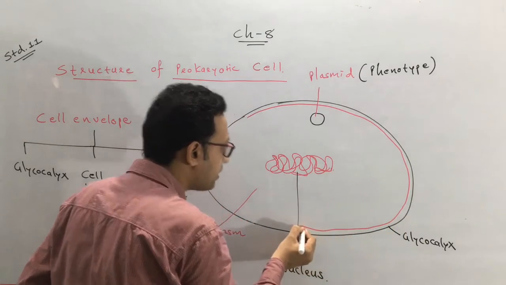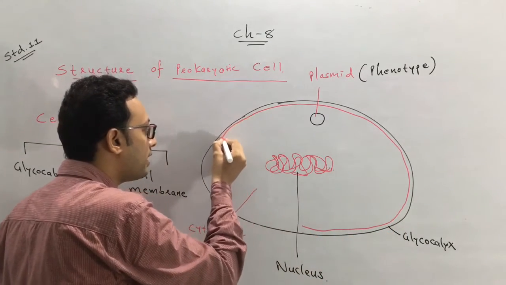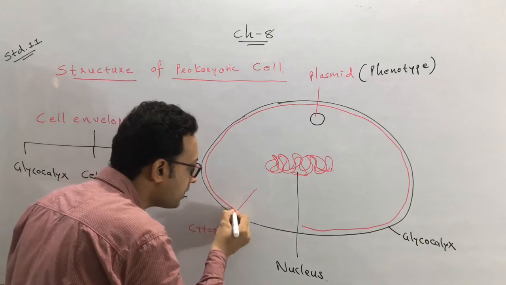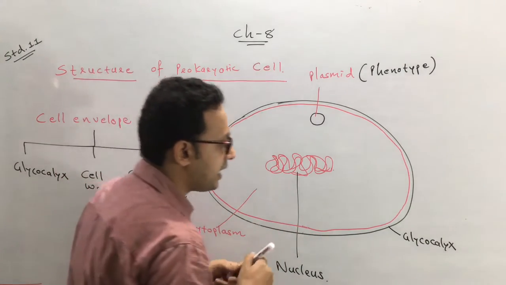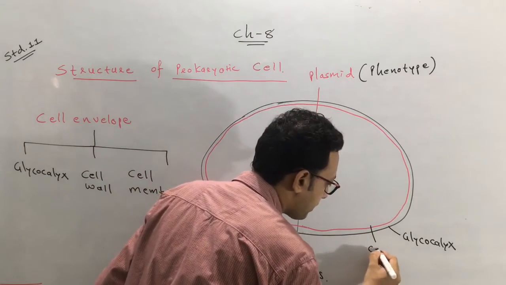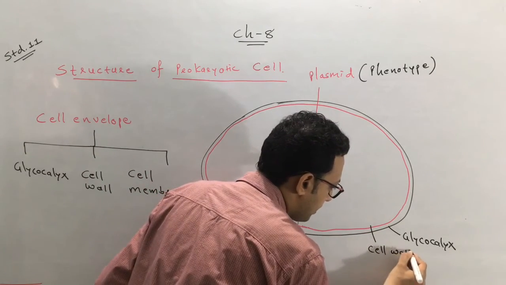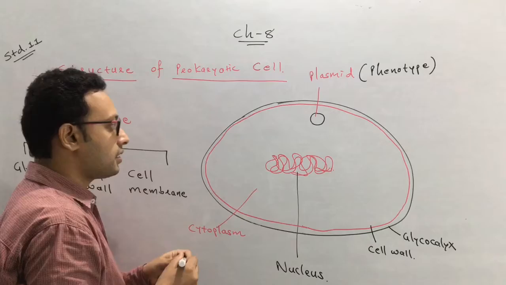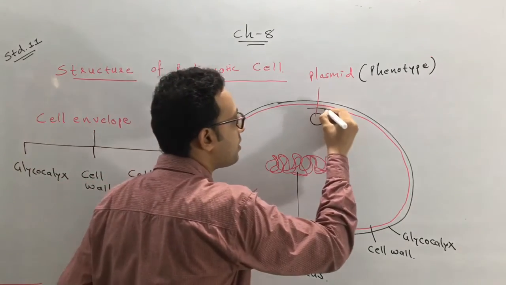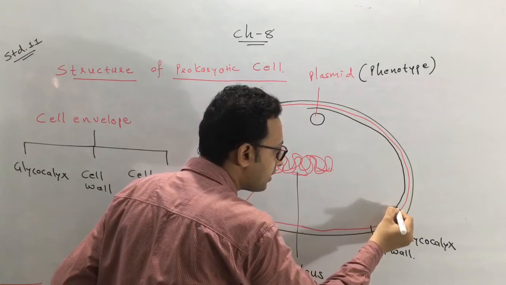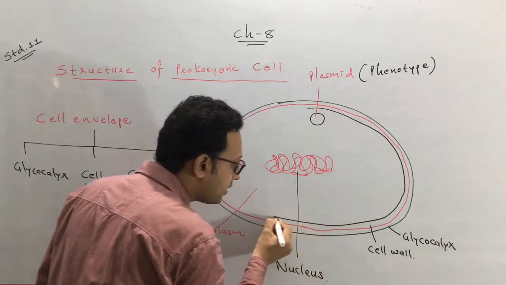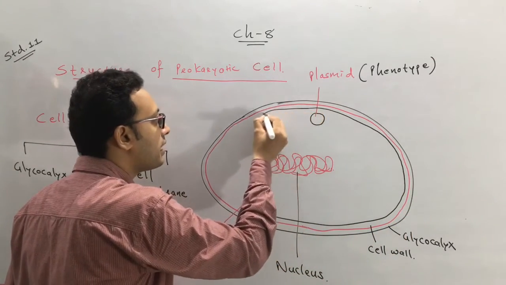This middle layer is called the cell wall. So this is the second layer, the cell wall, the middle layer. And the last, the innermost layer you can find in a bacterial cell, is called the cell membrane.